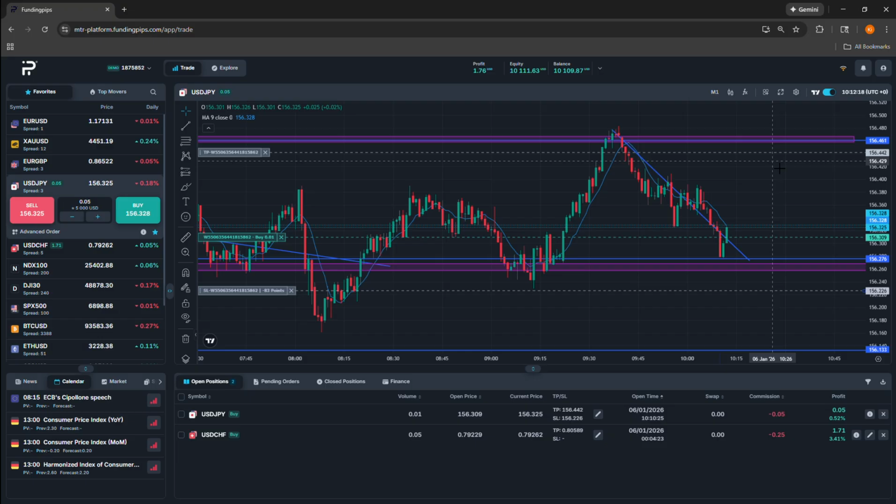Chances are it's going to go back up there based on what this is telling me. So I put a quarter lot. Anyway, that's how I'm trading.